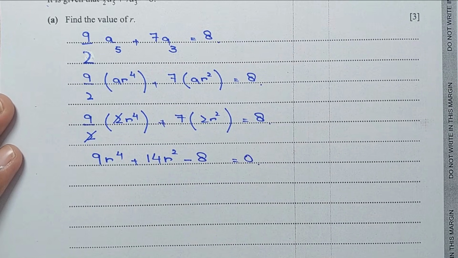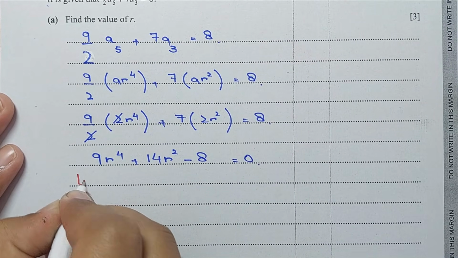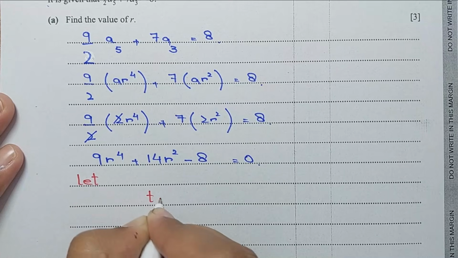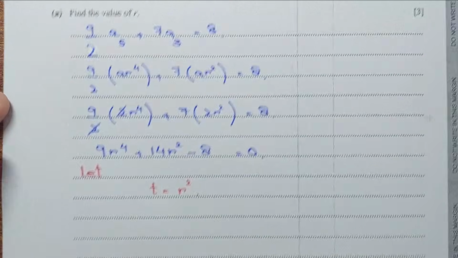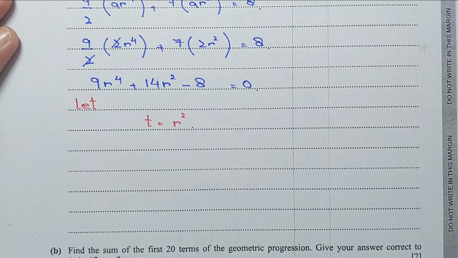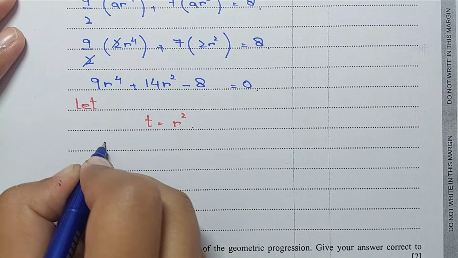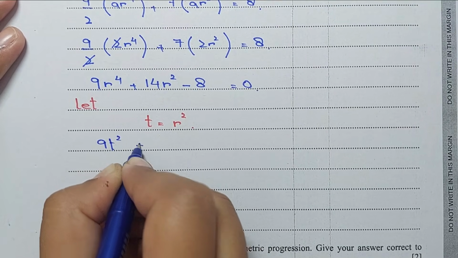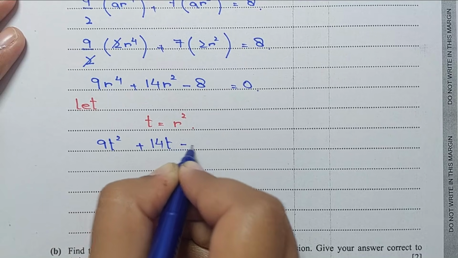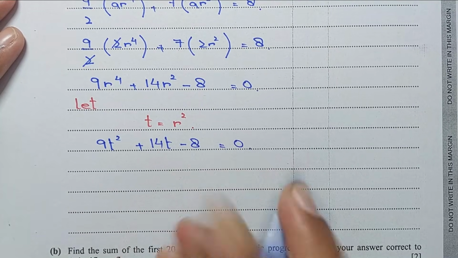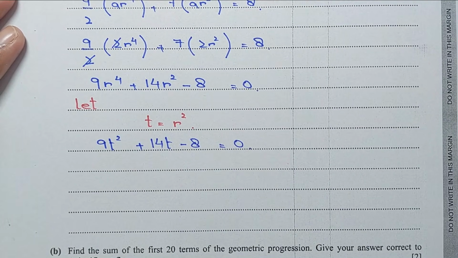So this is a quadratic equation basically. Here we can let t be r square. So when t is r square, t square is r to the power 4. So 9t square plus 14t minus 8 equals 0. This is a quadratic equation in t.